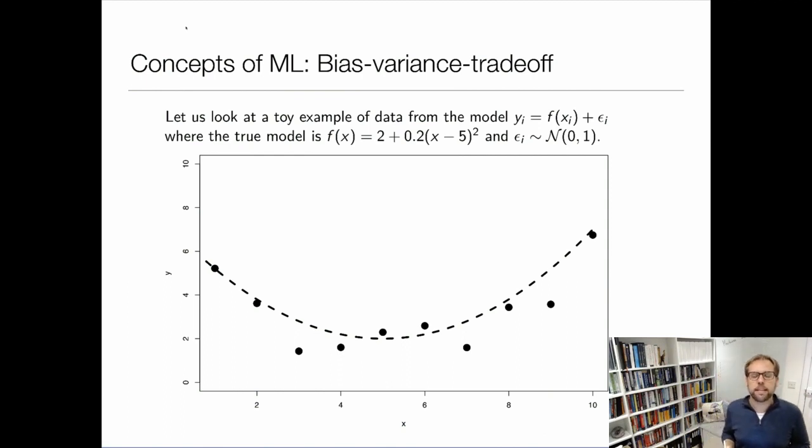So let's here look at a true model. We have a true relationship which is quadratic. The equation is given here. This equation is just the dashed line which you can see in the figure. So the dashed line is the true relationship, and I'm now observing a number of data points, in this case 10 data points, which are coming from the true model plus some noise, which is given by this Gaussian distribution with variance 1.